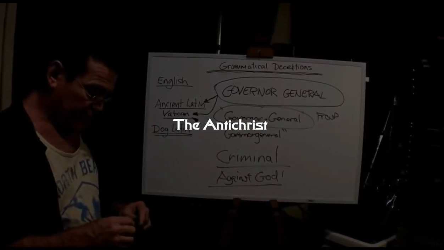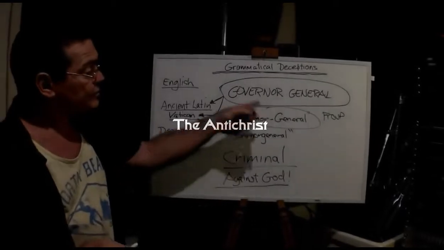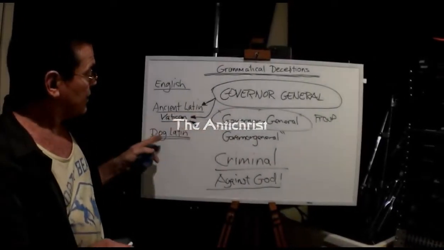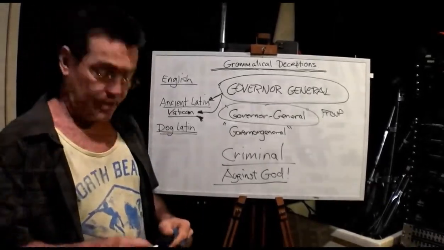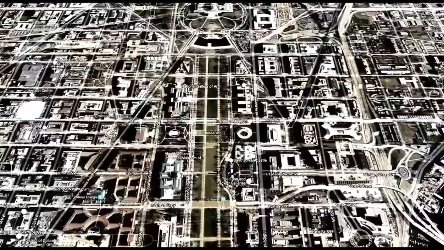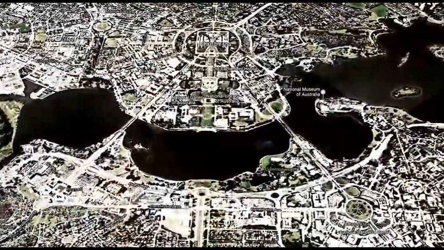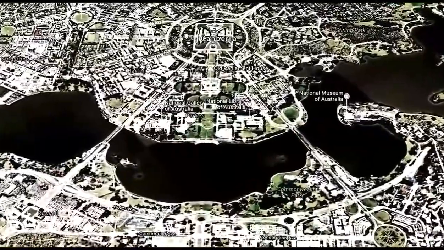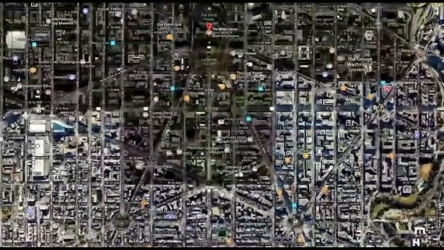You have to also remember that the people that are ruling this type of dog Latin world, this fake government, are people like the Fabians, who believe in governments like Hitler and like Stalin, which maintains total control over the people.